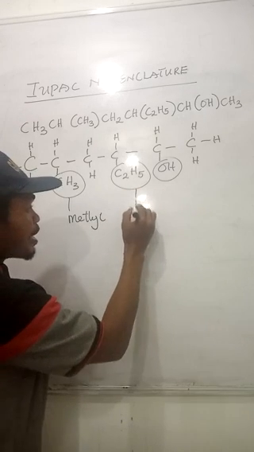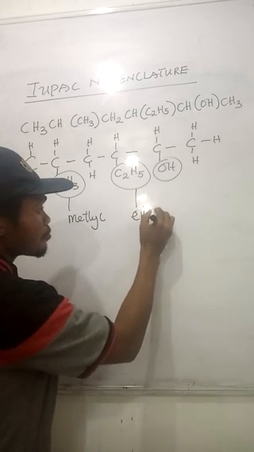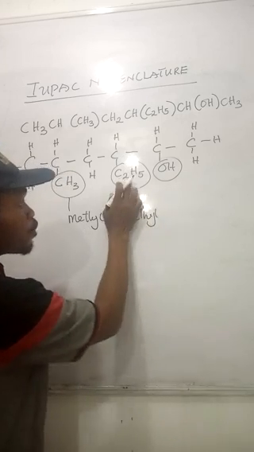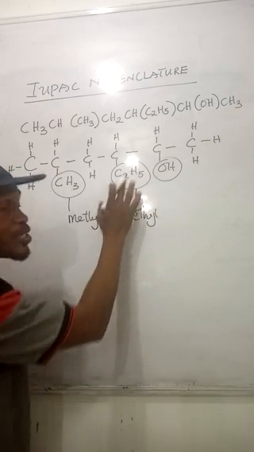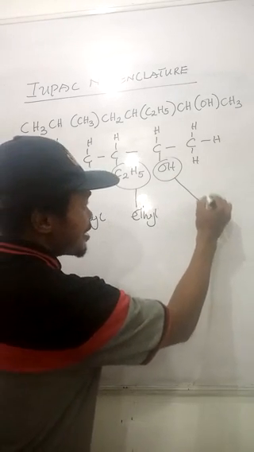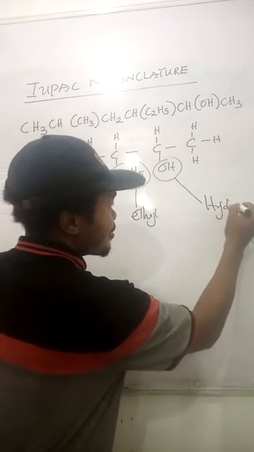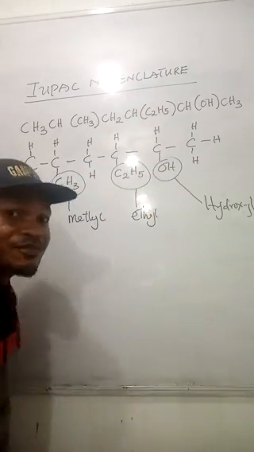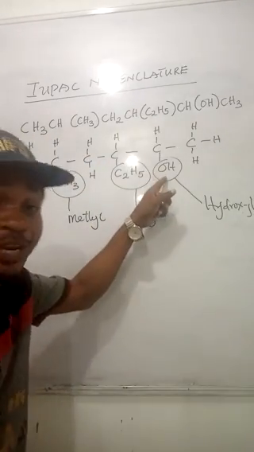Why is this ethyl? Ethyl substituent, because it has also lost a hydrogen from the initial ethane group. This is the hydroxyl representative, giving it an alcoholic functional group.